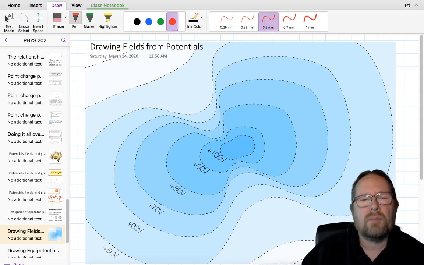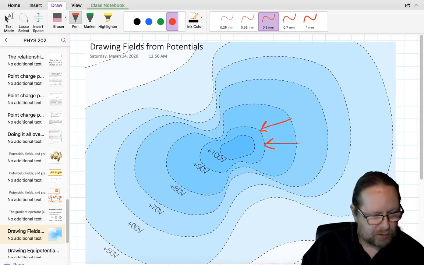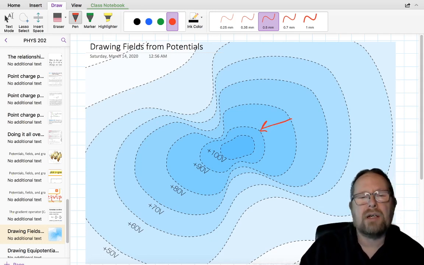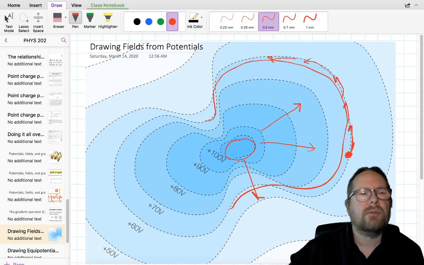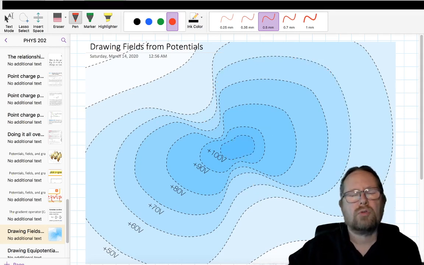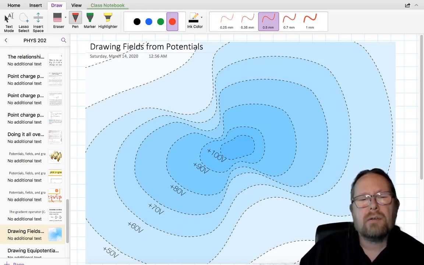Well, remember, if this is increasingly negative potential, the gradient of this function is uphill, but the field is given by the negative gradient, the direction that a ball would roll on this imaginary hill. If I was here on the hill, I would roll downhill this way. If I was here, I would roll downhill this way.